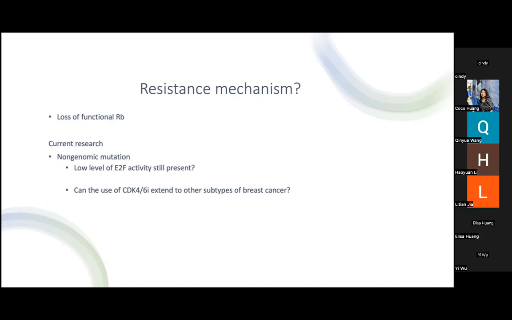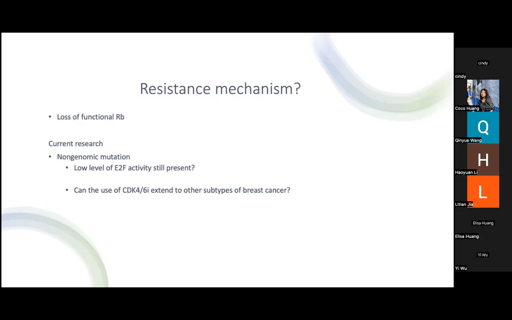So the question now is whether there are other factors, for example signaling pathways or growth factors, that play into this resistance mechanism.